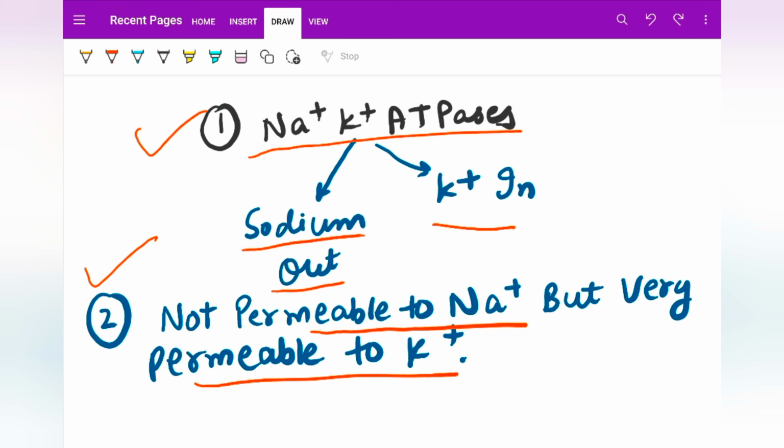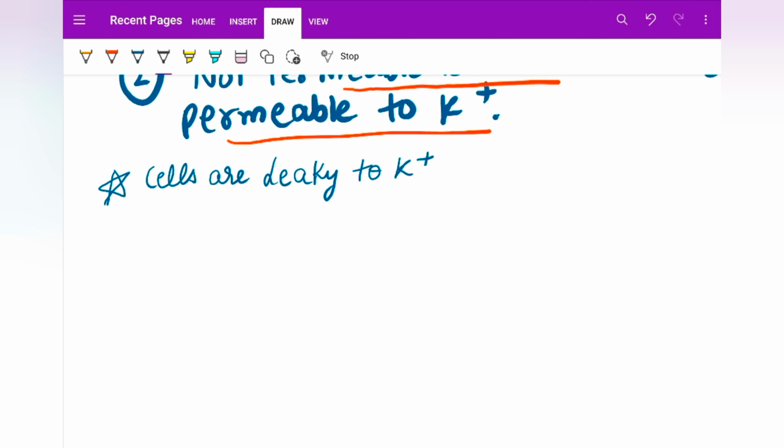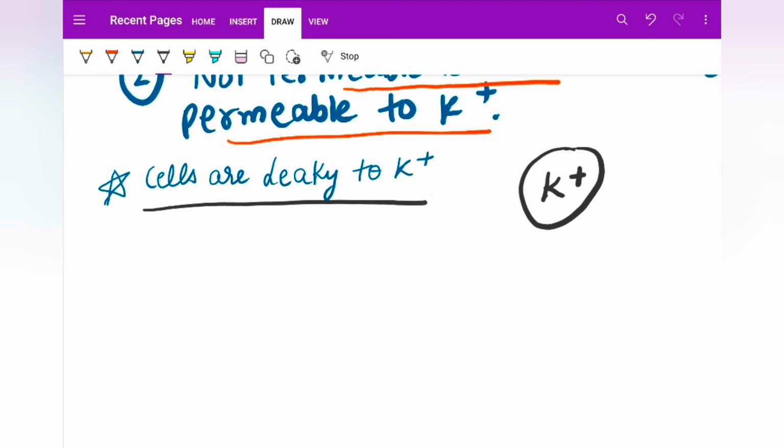And this small K+ flux, which is normally occurring in all resting cells, is responsible mainly for the genesis of resting membrane potential. Again, RMP is mainly produced by diffusion out of K plus. Or in simple words, you can say cells are basically leaky to potassium.